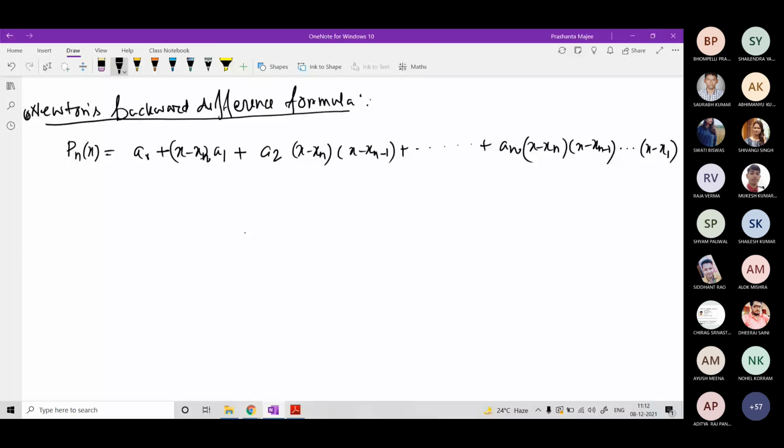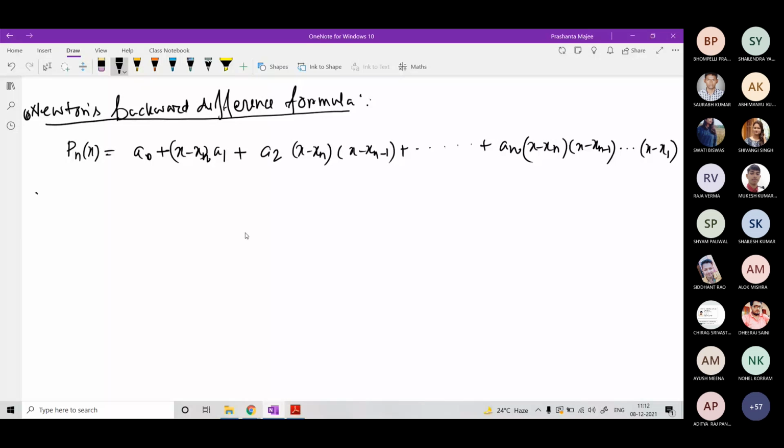Now the rest of the rules are the same. This polynomial should pass through the data points (x0, y0), (x1, y1), (x2, y2) up to (xn, yn), and choosing one point at a time, we will determine these constants, because in this polynomial the unknowns are the constants a0, a1, a2 up to an.